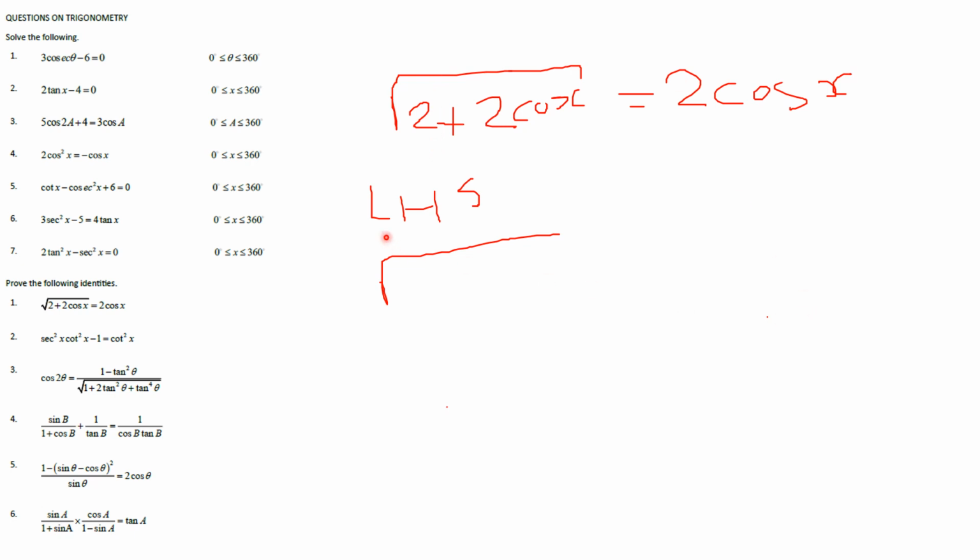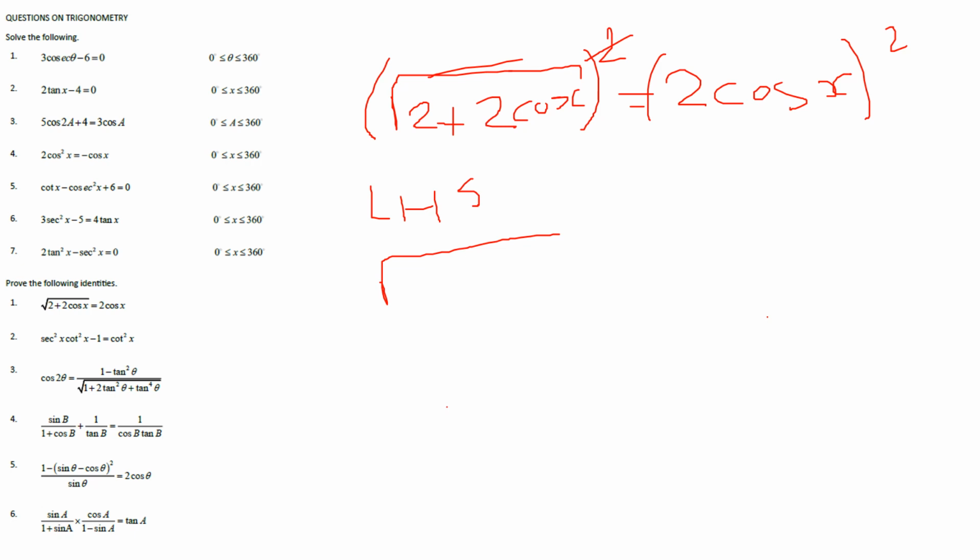I can see that if I take out the common factor as 2, that is not going to lead me anywhere. So I just have to remove the square root here. But when I remove the square root, remember this is an equation. What you do on your left, you must also do on your right. So I'm just going to square there and square here. So the square root will cancel the square here.